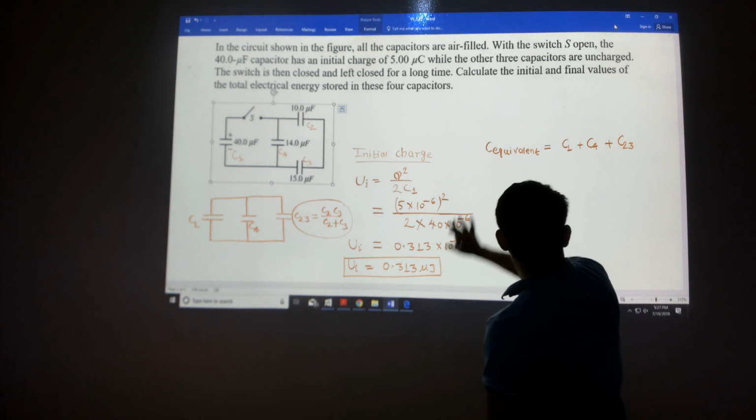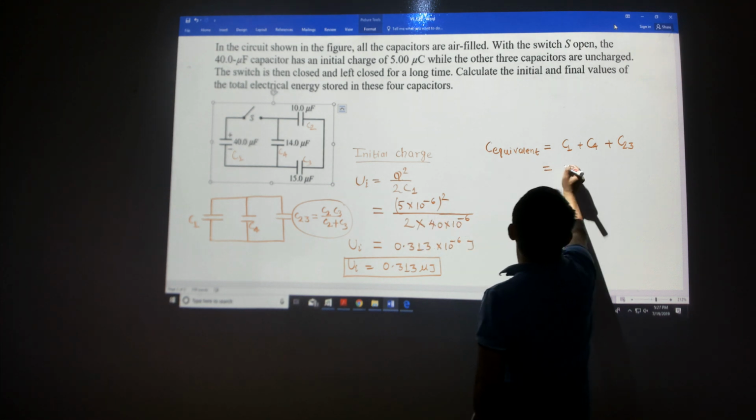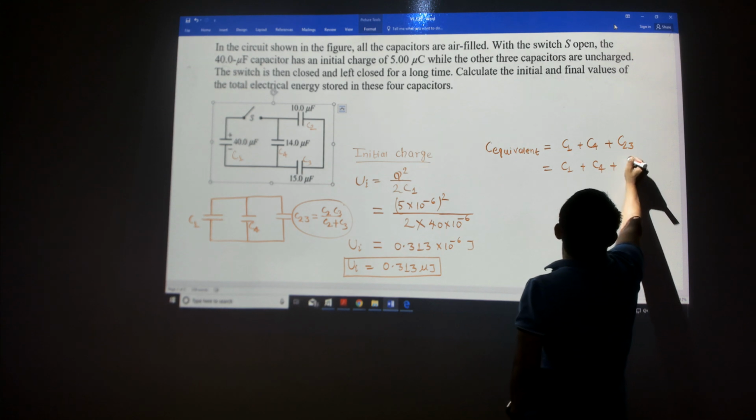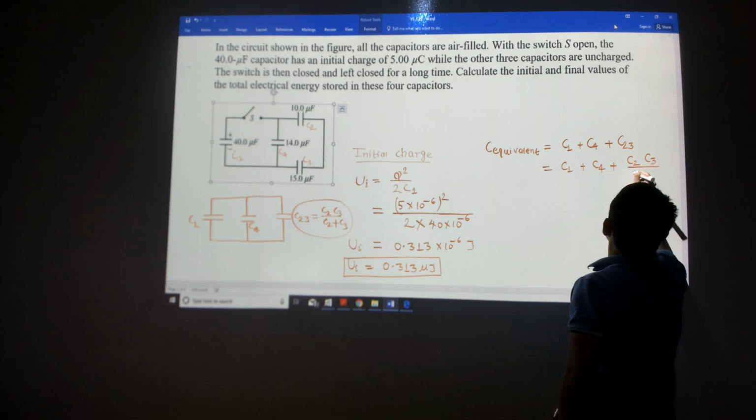Alright? Because all are in parallel. So what is the value of C1? I'll go one more step: C4, and C23 is C2 times C3 over C2 plus C3.